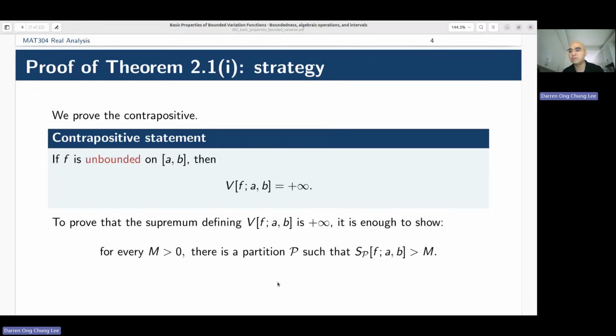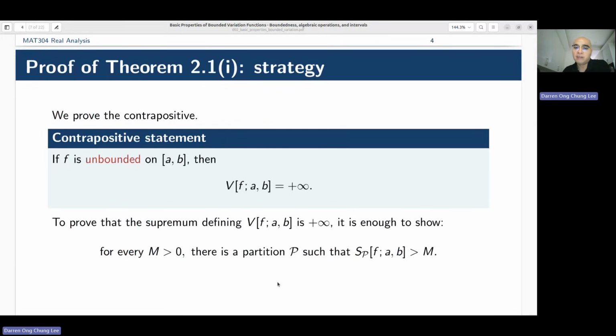And since the supremum is the least upper bound, if there's no upper bound, we just say that the supremum is infinite. This is something that we learned in our undergraduate analysis class. To show that the supremum is infinite, you have to show that the set you're taking the supremum of has no upper bound. It gets larger and larger and larger.